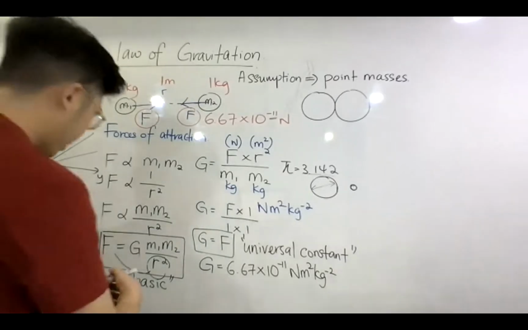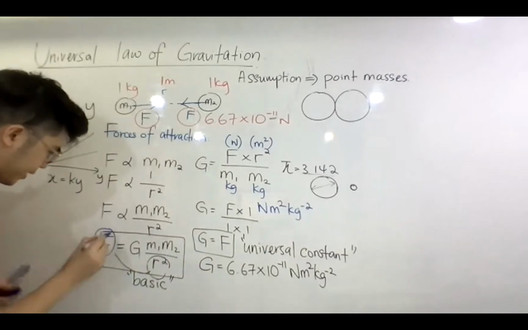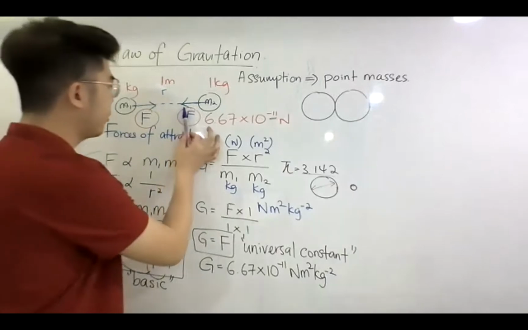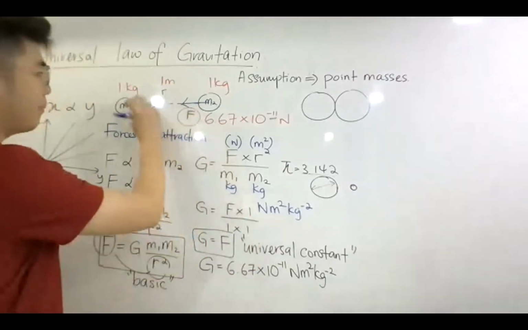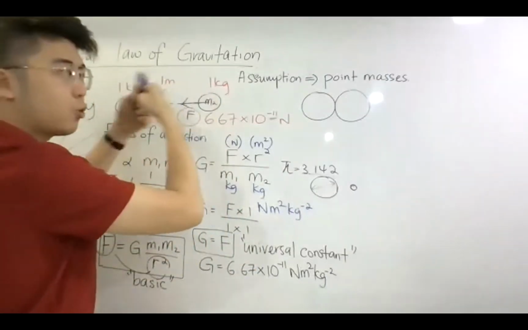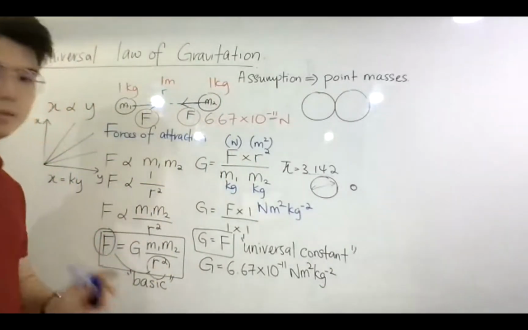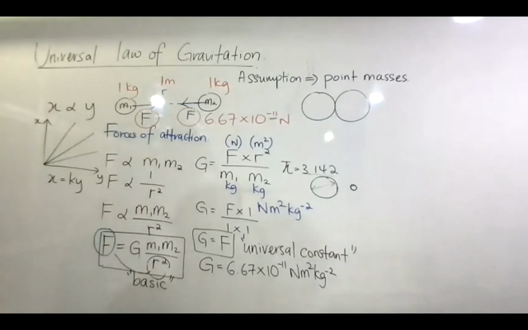Okay, now we talk about this force. This is the force of attraction, which is the gravitational force. So gravitational force, now you know it is not just a pull, it exists on both sides. Okay, now this force has three properties that you need to remember.